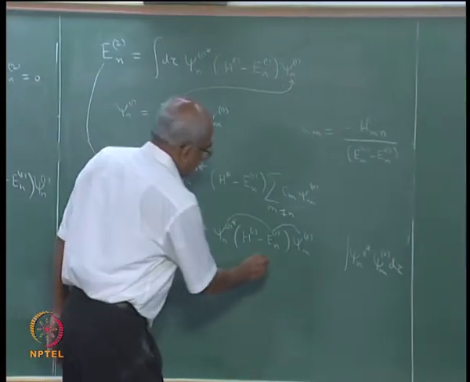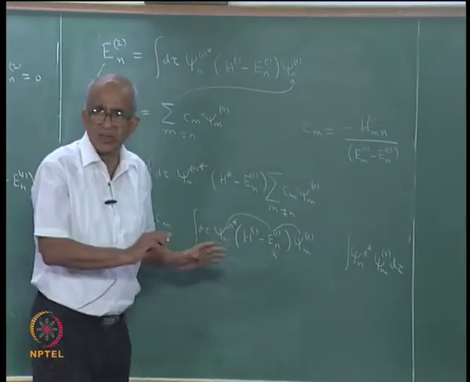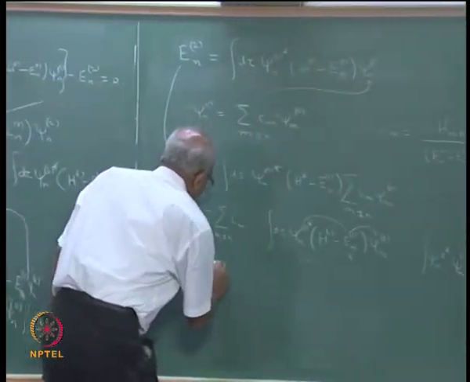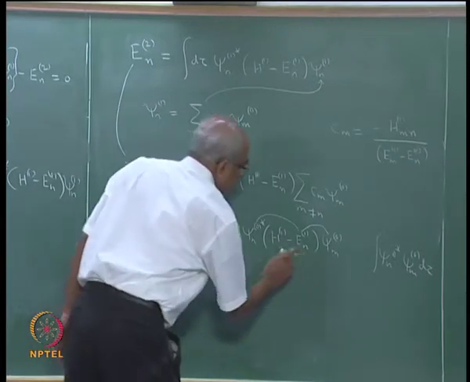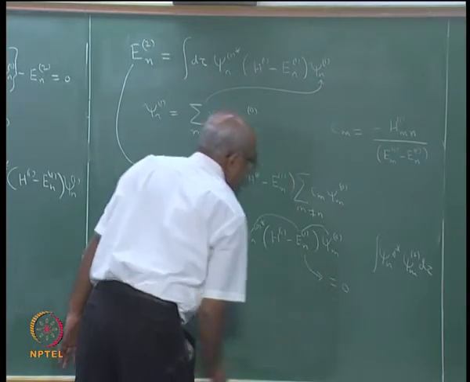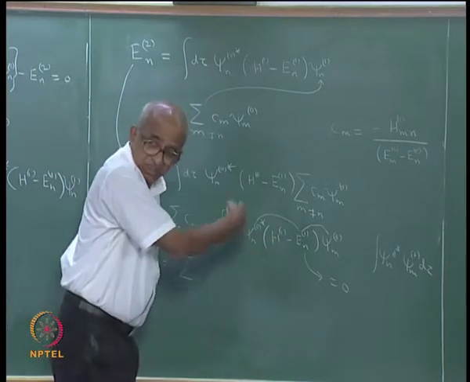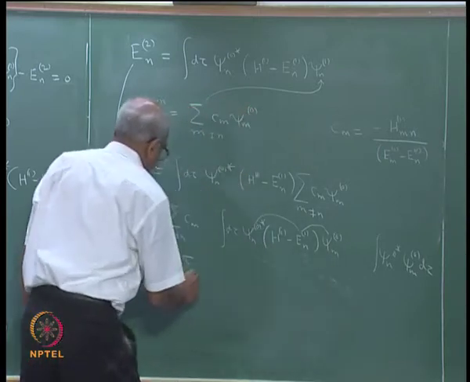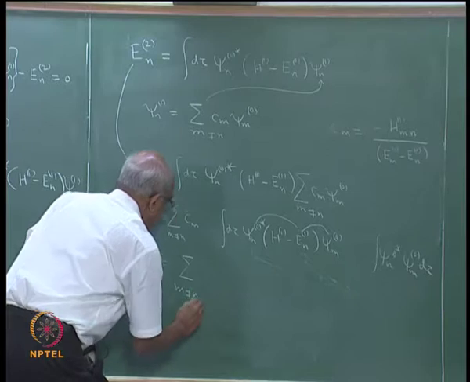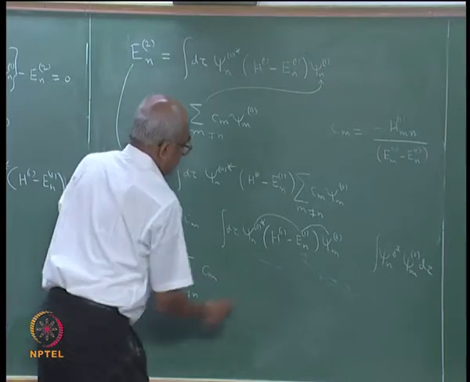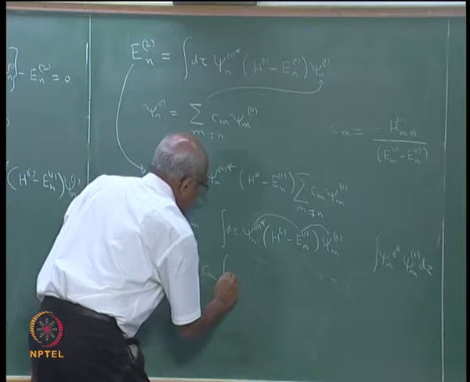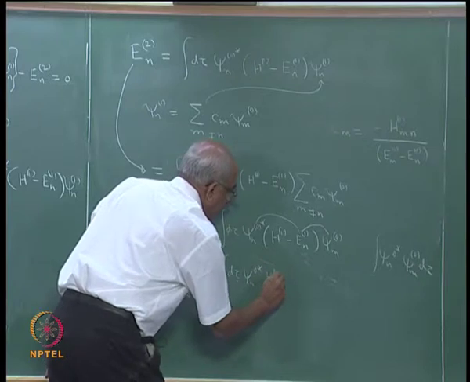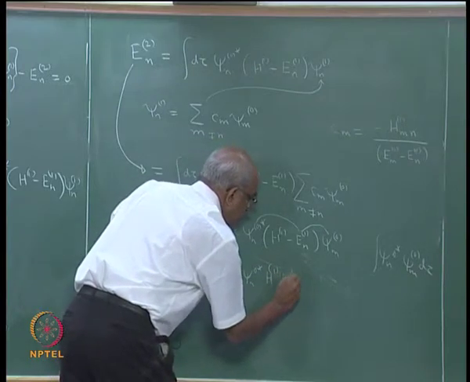So the term involving En1 does not contribute, it is identically equal to 0. En1 is not 0, but the term involving that is equal to 0. So you will get the sum over m not equal to n of Cm, integral d tau psi n0 star H1 psi m0.